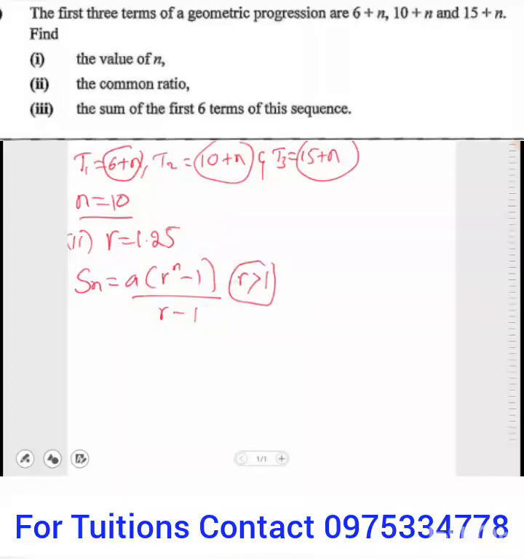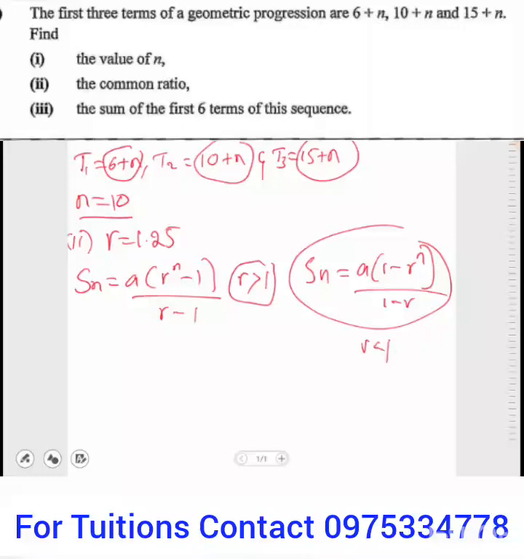Then there is another formula which works when r is less than 1. This is Sn is equal to a, open bracket, 1 minus r to the power n over 1 minus r. So this works when r is less than 1.